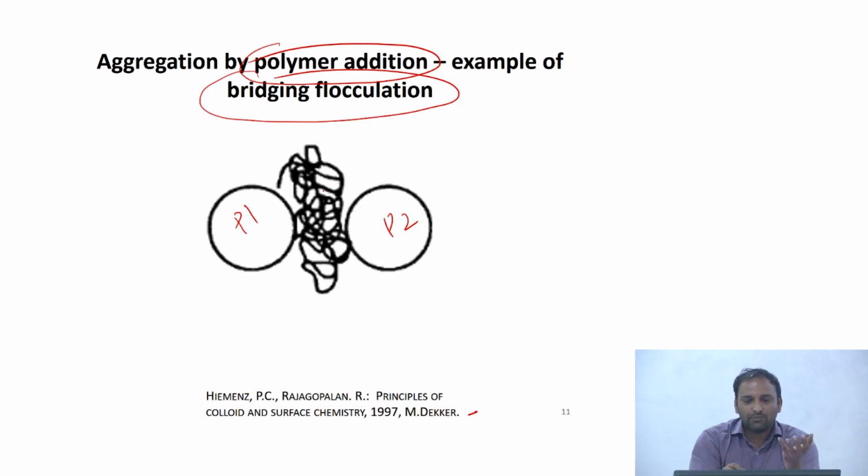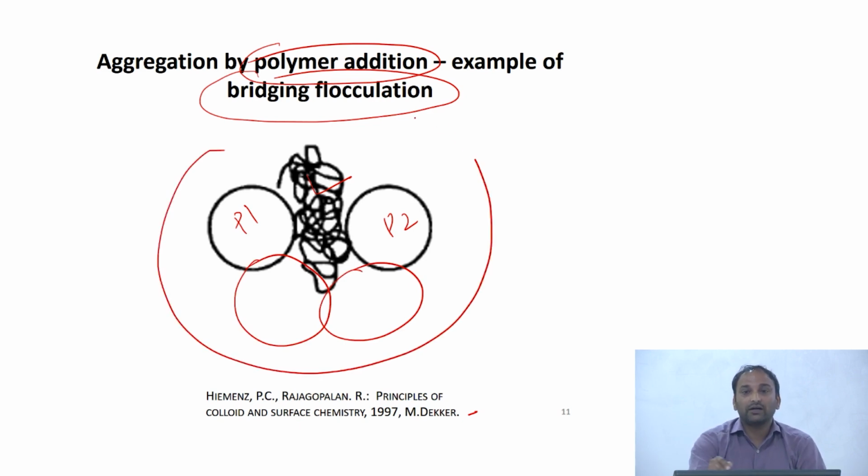So therefore, this polymer bridges the two particles, and now if many such particles come into the picture, for example, there could be one more here, therefore I can again make a particle cluster.